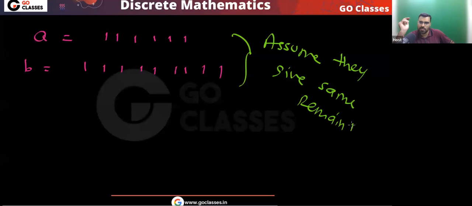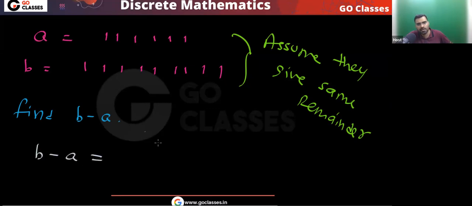Now you tell me. Now just find b minus a. What is b minus a? Tell me how b minus a will look like. From this type of number, if you remove this type of number, what will it look like?